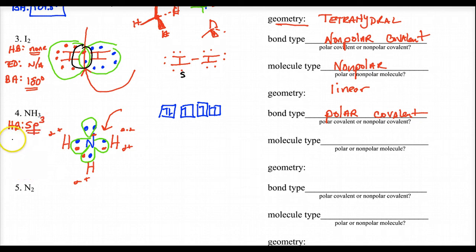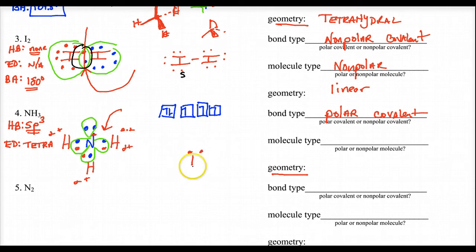Now, the electron domain geometry is the geometry of where the electrons are. In sp3, it's always going to be tetrahedral. And I'll just put tetra, and that's tetrahedral. The molecular geometry right here, with 1 lone pair in the sp3 family, if you think with me for a second, here's the lone pair on top.